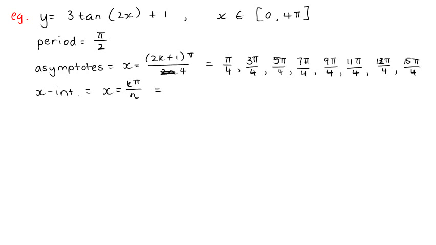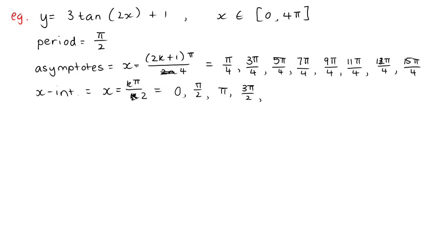So n is 2. So let's just put 2 down there. So then we just go through again. When k equals 0, we got 0. When it equals 1, we got pi on 2. When it equals 2, you got pi, because it's 2 pi on 2, cancel each other out. 3 pi on 2.